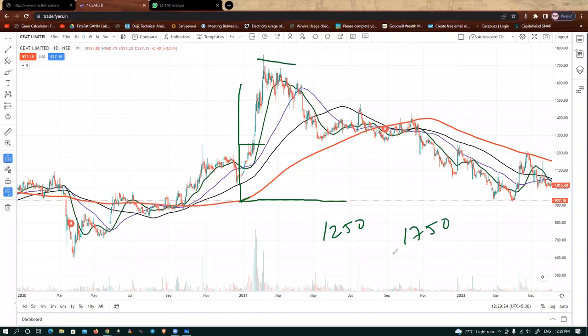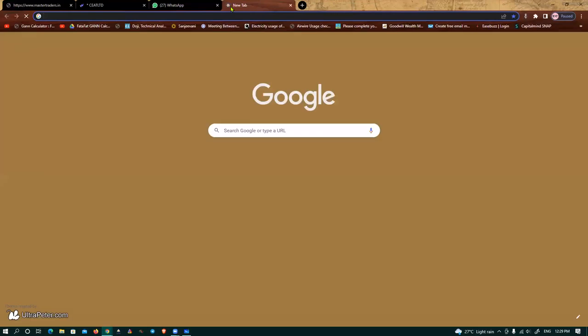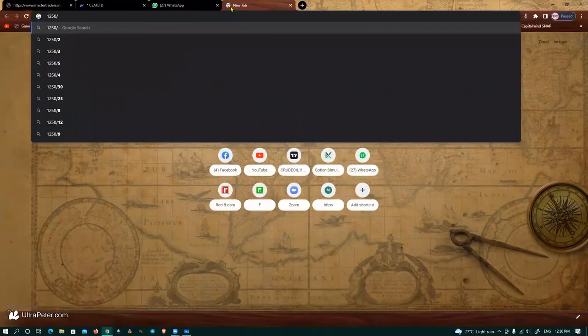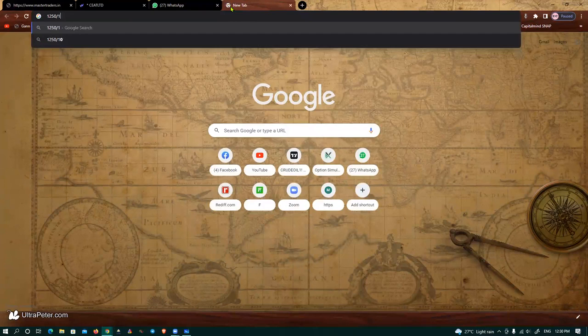1250 to 1750, 500 rupees. So what is the percentage here? 25%. 125. Yeah, 20 to 25% is within this range. 1250 divided by 100 is 12.5.